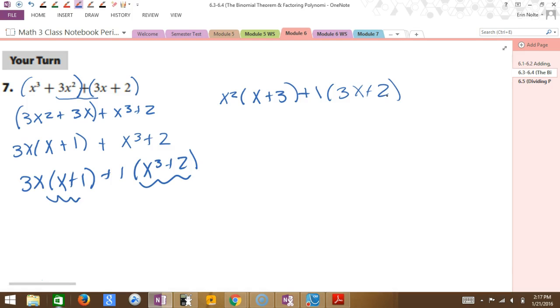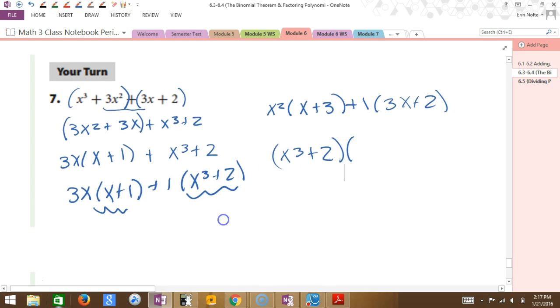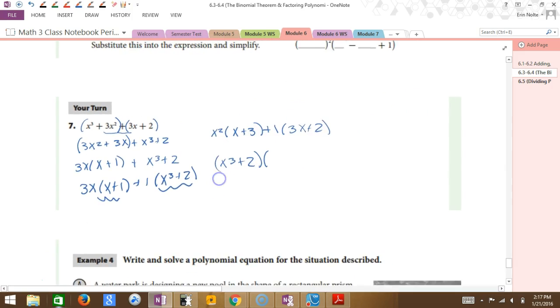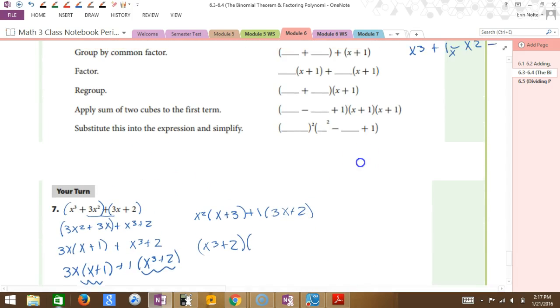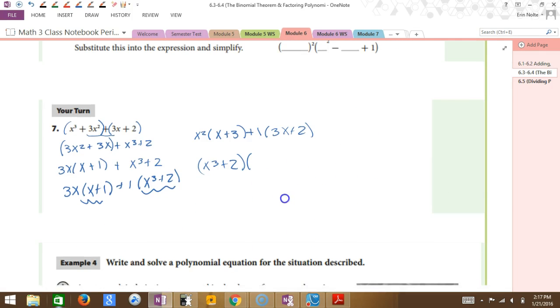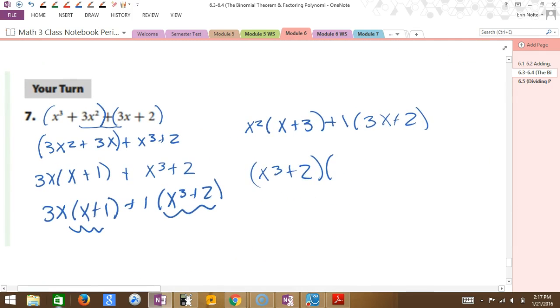So what do you think on this one? Let's try, we still have one more option, right? X cubed plus 2. Or did we already try that one? Mrs. Nolte, do you see how you can group this one?